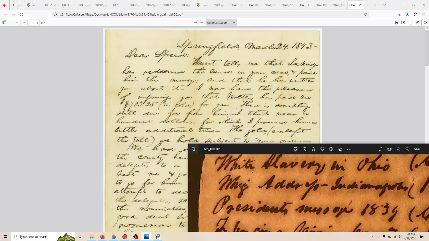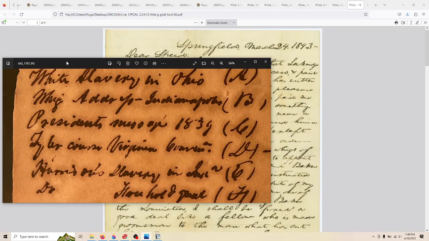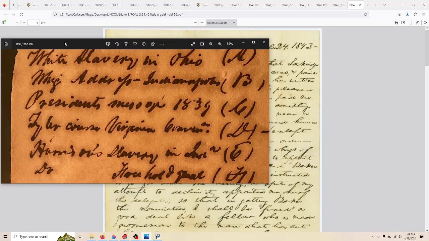Here's the loop again. And again, we have this little rhomboid between the O and the L that he does. He also does that in his last name, as I said. Here's another example of the G. He used it a lot.